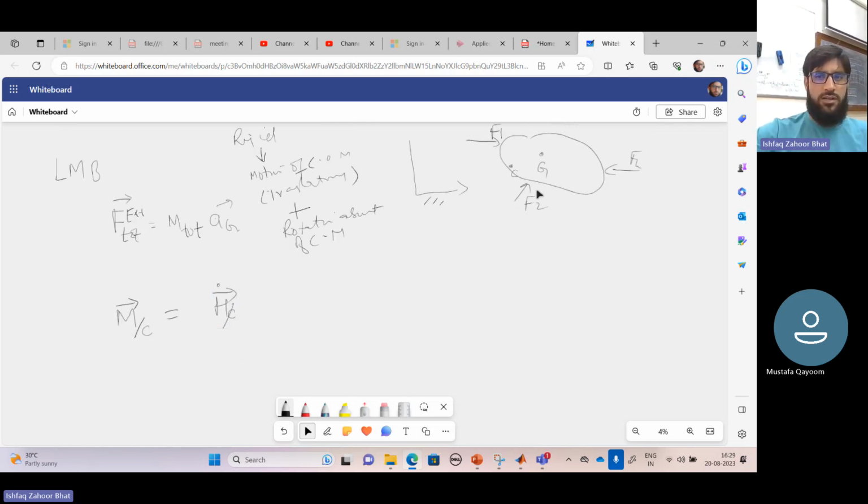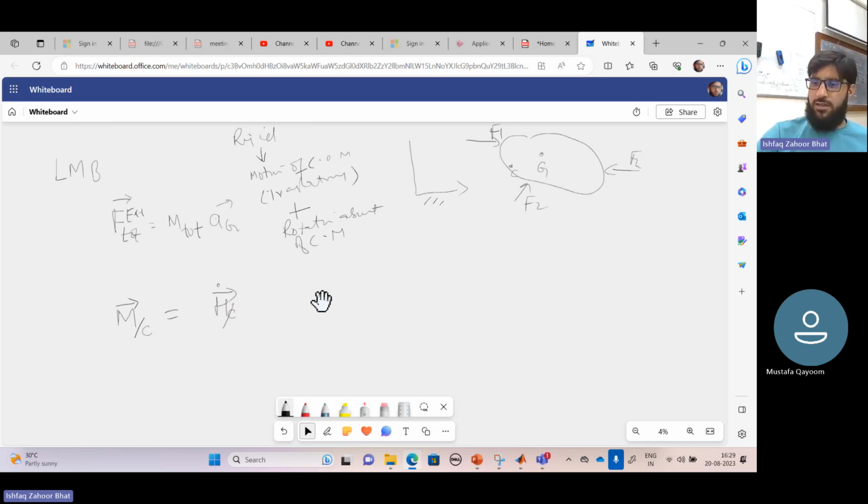Because this angular momentum about C is something in which we can make a mistake. But we have seen that if we have a very good reference point, say for example, C is itself the center of gravity, or C is some fixed point, or C is a point which is moving with acceleration parallel to the center of gravity, then these are some good points which we can take as the reference.